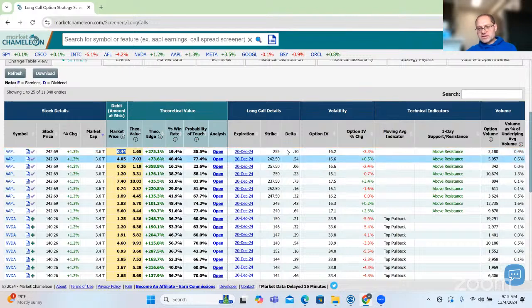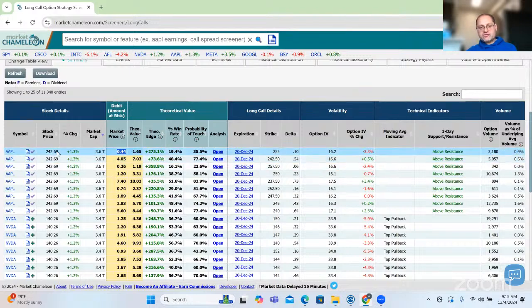So if we look at that from 242.69, we could figure out what that percentage move equals. And then we could go back in history and say, how often did Apple increase by that amount to cover the cost of that option and be profitable? So that is here, over here, the win rate.